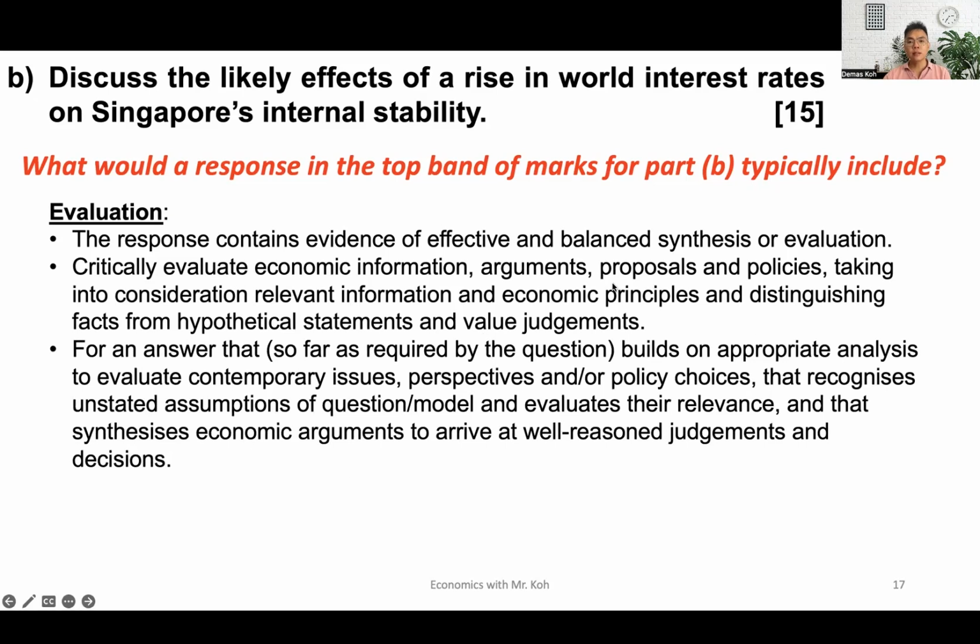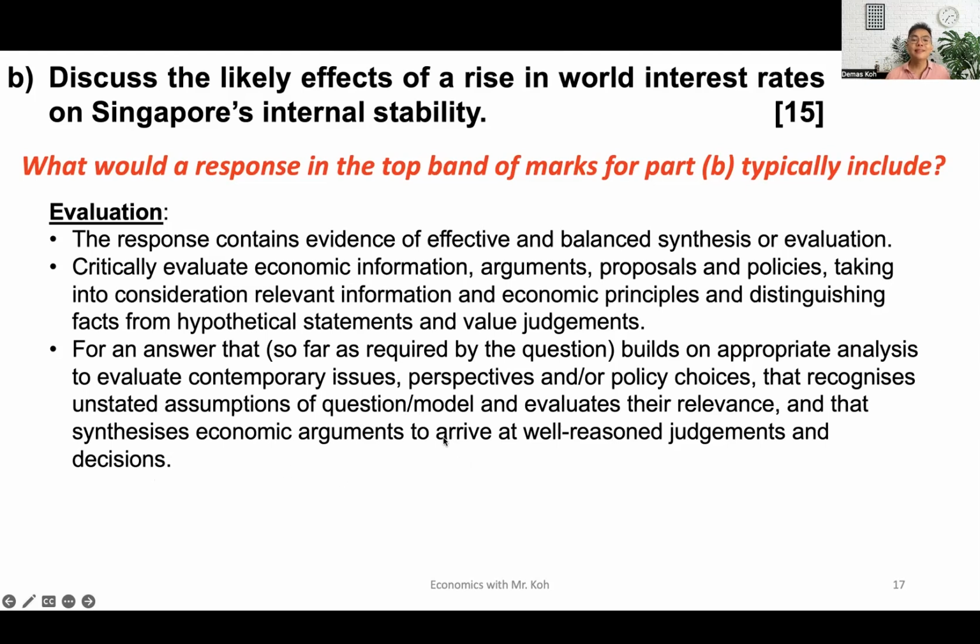An answer may build on appropriate analysis to evaluate contemporary issues, perspectives, or policy choices. It may recognize unstated assumptions of the question or the model and evaluate their relevance.